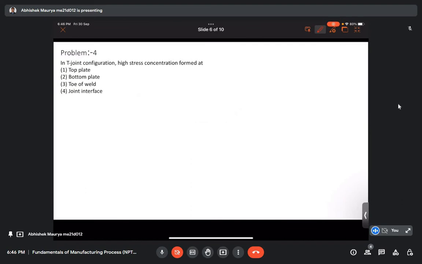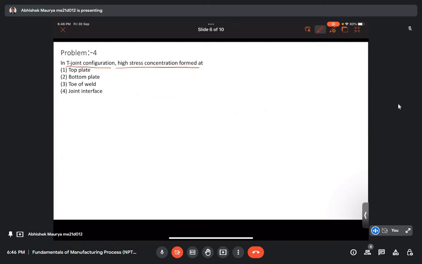Okay, let's try to look at the problem together. It is given: in a T joint configuration, high stress concentration is formed at. First of all, let's try to recall what stress concentration is.